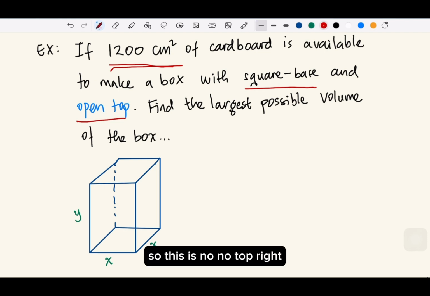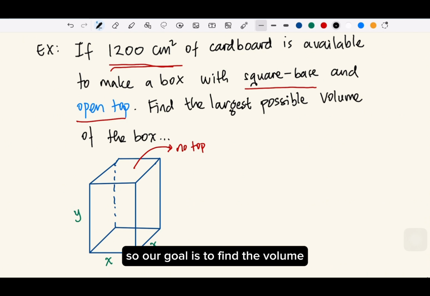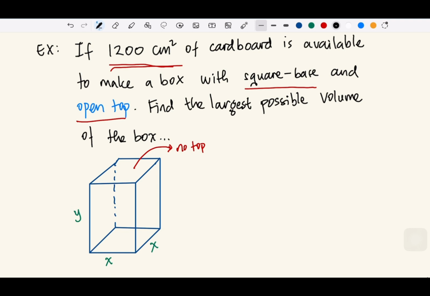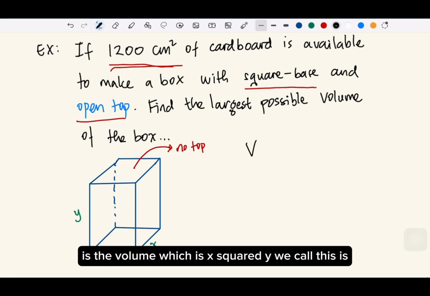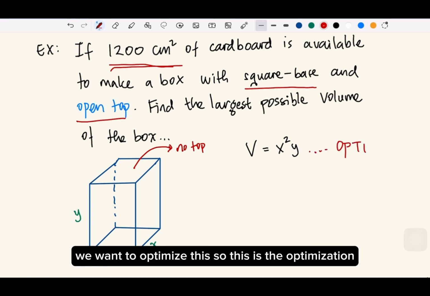This is no top, right? So our goal is to find the volume, which is x squared y. We want to optimize this, so this is the optimization.